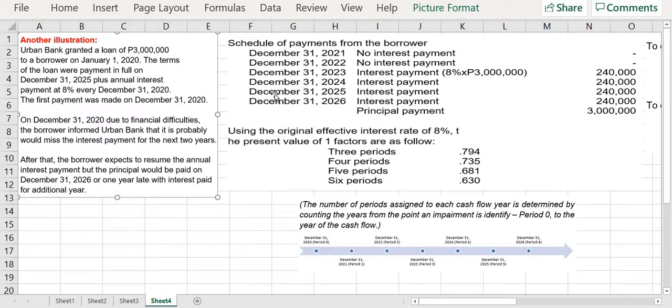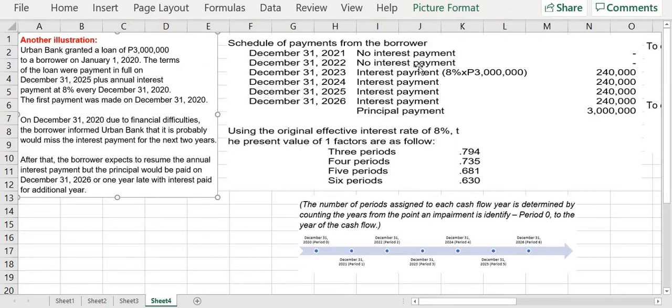Okay? So, schedule no ni Urban Bank, okay, ang cash flows. Na for December 31, 2021, walang interest payment. So, no interest payment. Hindi siya makaka-receive ng interest. On 2022 also. Okay?